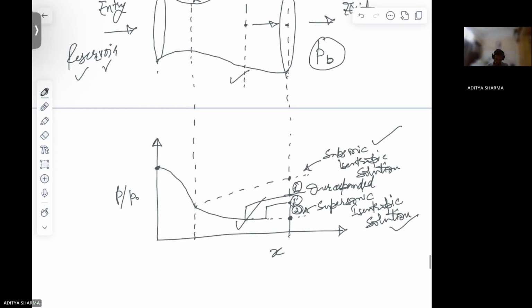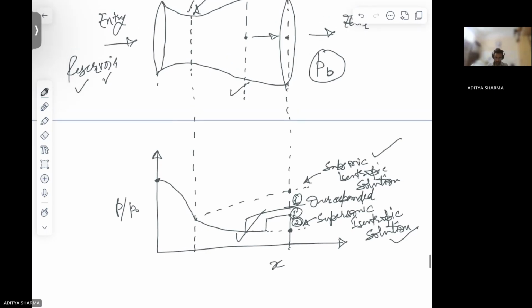So if your back pressure is not sufficiently low, your flow in the divergent section is going to be subsonic, which is the case shown with this dotted line.